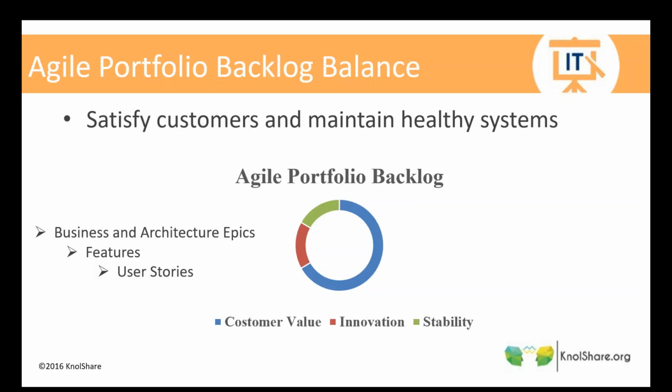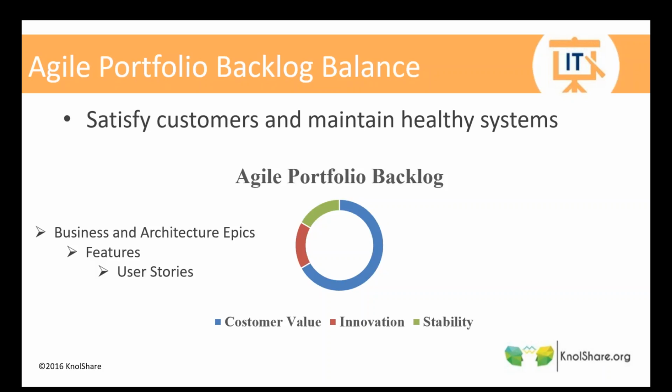So as we take these strategies, we use them to satisfy needs of the customers and to really maintain healthy systems. In the Agile space, we have things called business and architecture epics. We have features and we have user stories.